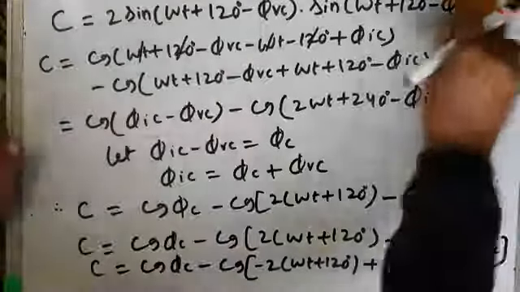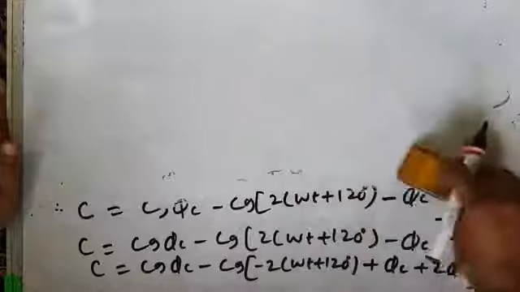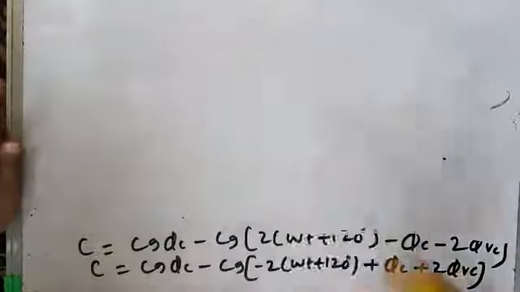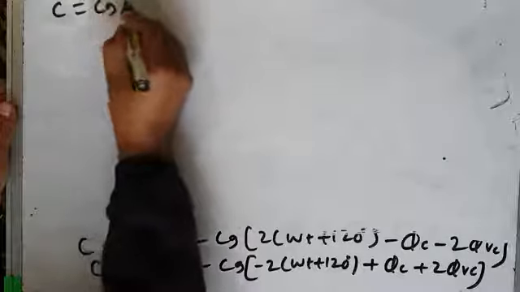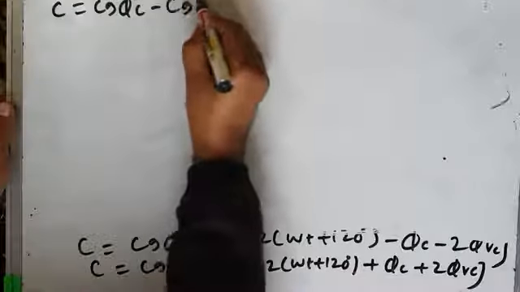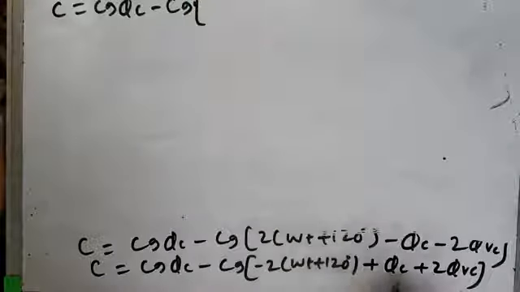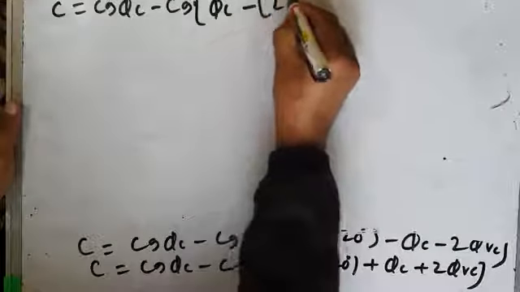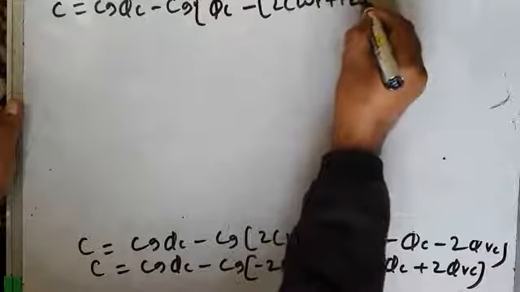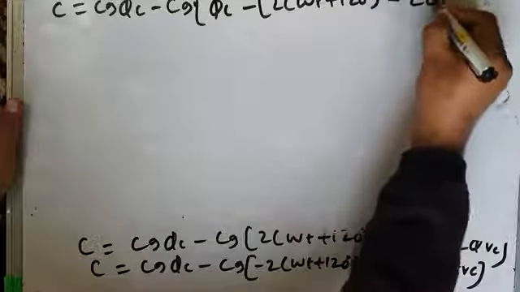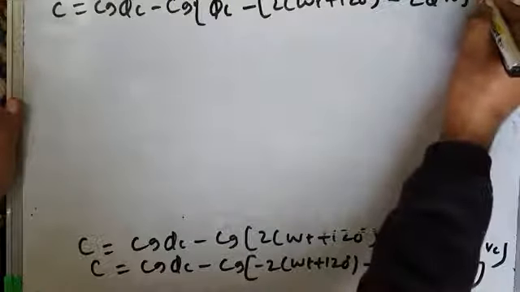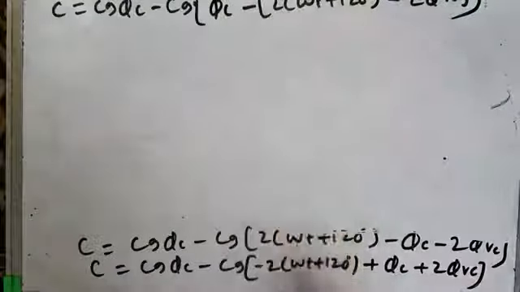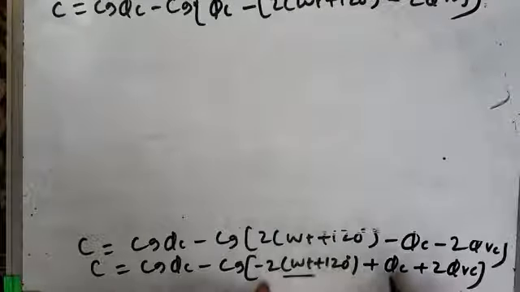So with this, I can now write the equation like this: c equal to cos phi c minus cos of, I will first of all write phi c, okay, then minus times 2 of omega t plus 120 degrees minus 2 phi vc, because minus into plus is minus, that is this term, and minus into minus is plus, that is this term.